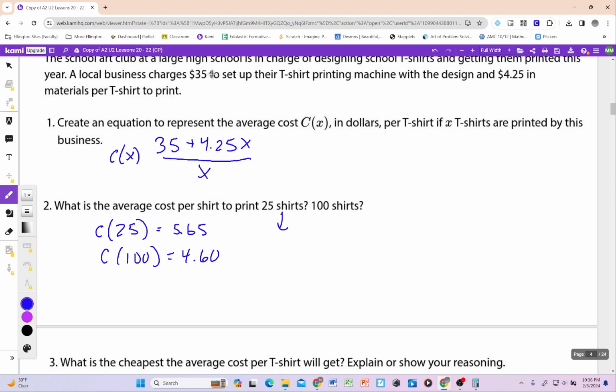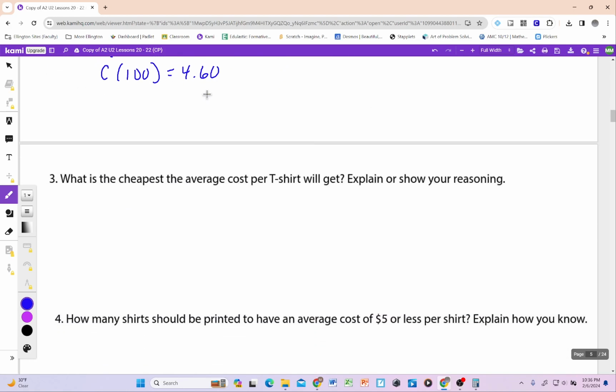No, because we have to then pay an extra $35. So the average cost will approach $4.25, but it will never get there.